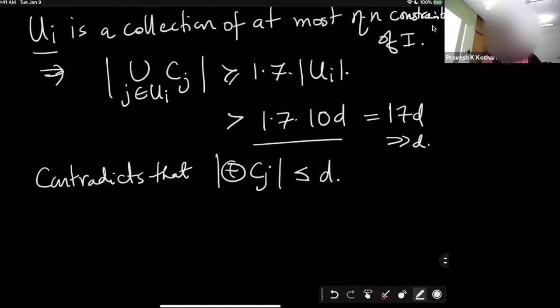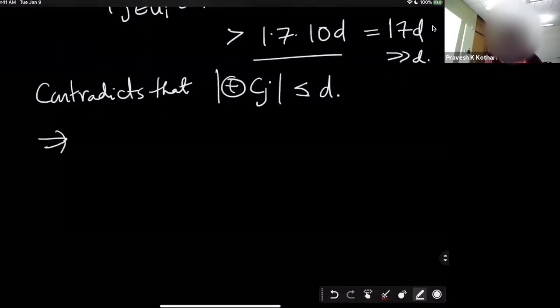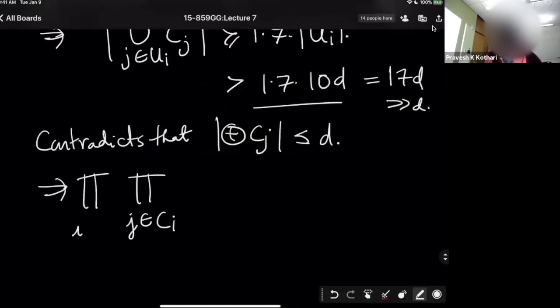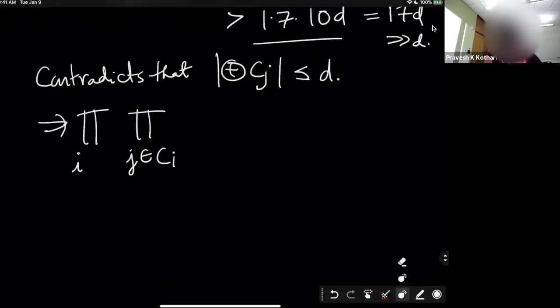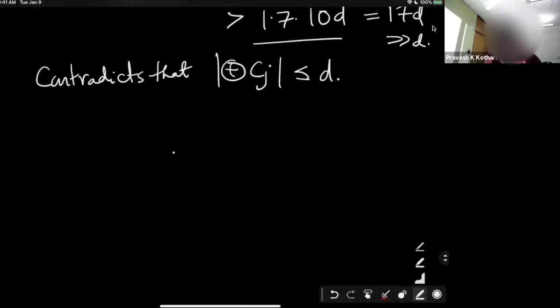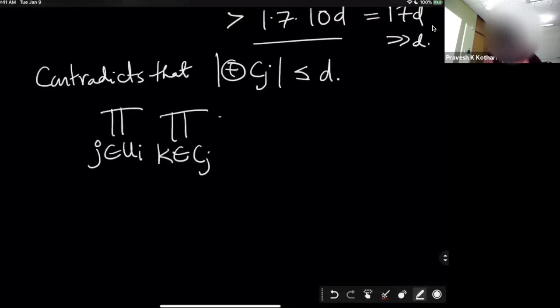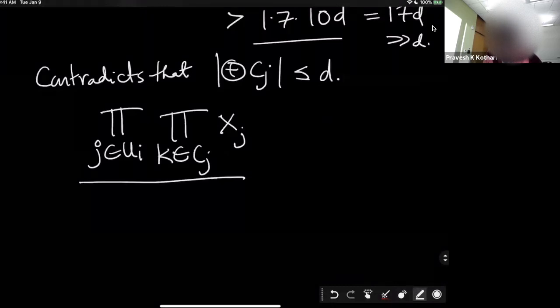And so, I couldn't possibly have derived it. So what does it mean? It means that if I look at the product over j in ui, k in c_j, this monomial, then what we proved implies that this XOR is a monomial of degree bigger than d.